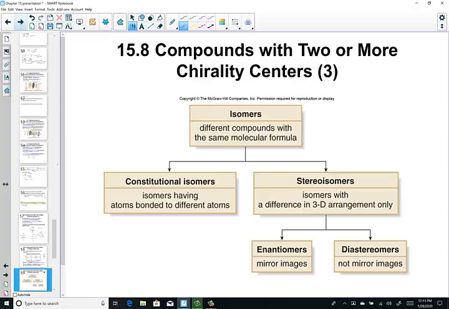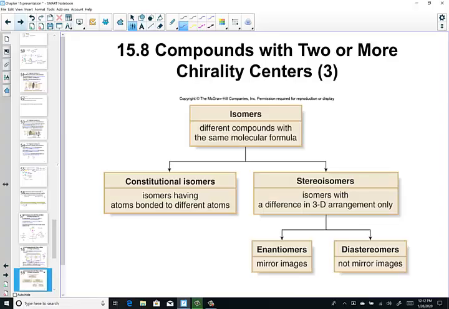Let's emphasize our vocabulary. The term isomers at the top is defined as different compounds with the same molecular formula. Isomers come under two different categories. They can be constitutional isomers or they can be stereoisomers. Constitutional isomers, we know, have the atoms bonded in a different order.